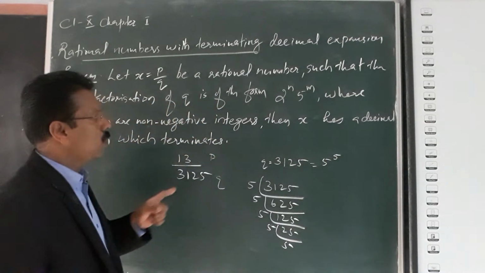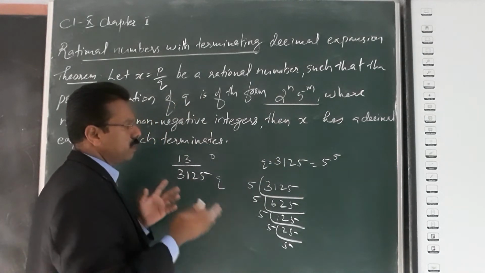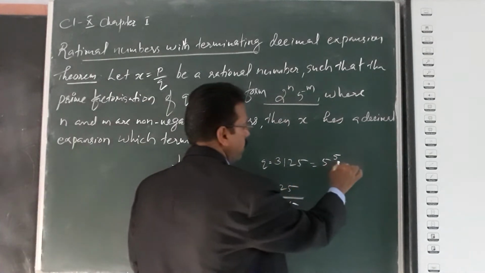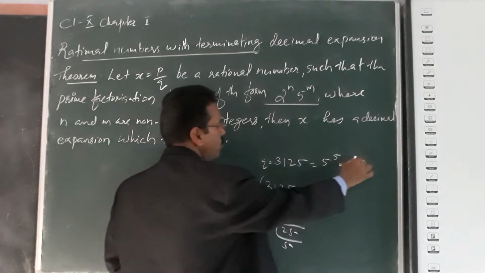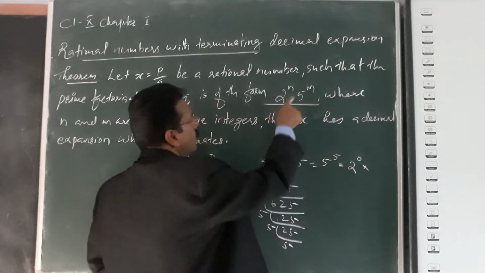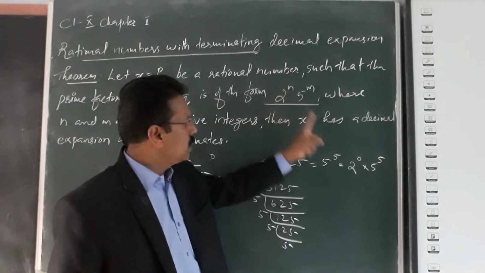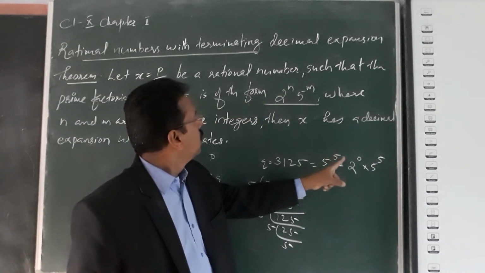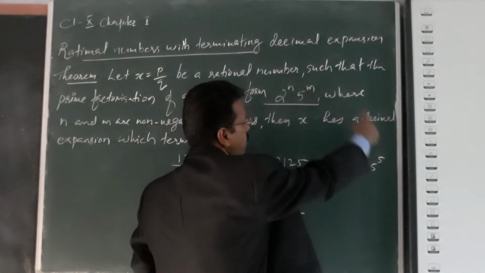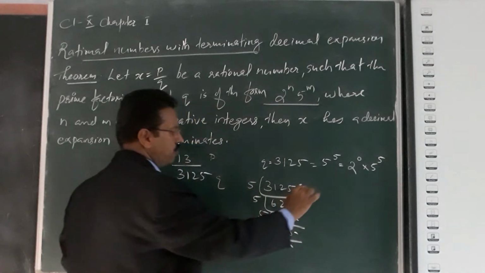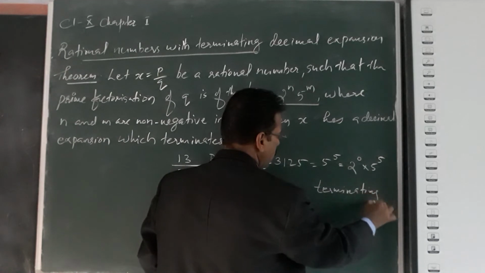And here, according to this theorem, we can write 2 raised to 0 into 5 raised to 5. Here n is 0, m is 5. This is a terminating decimal expansion.